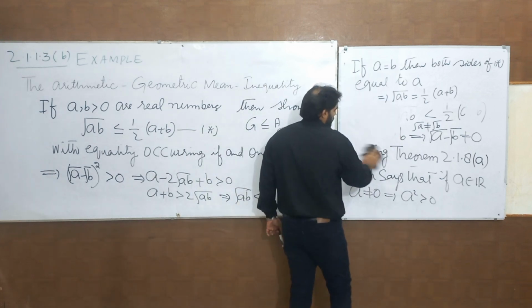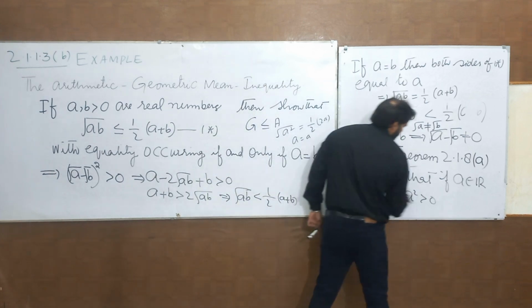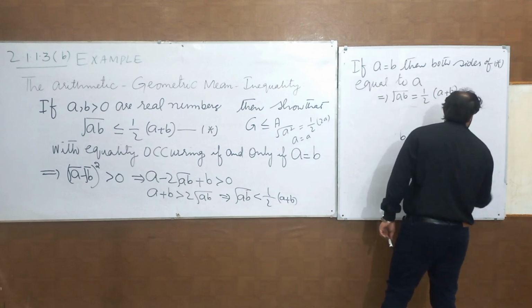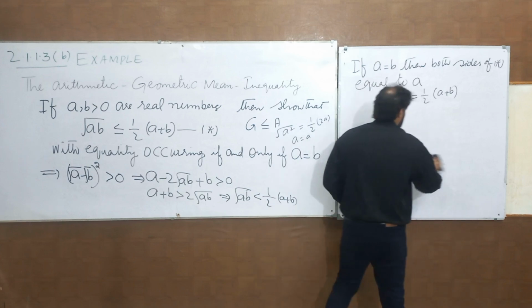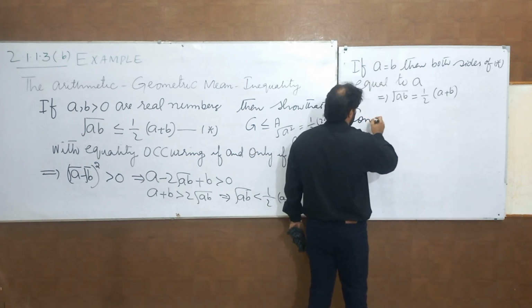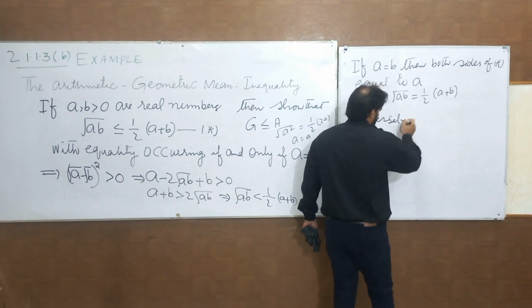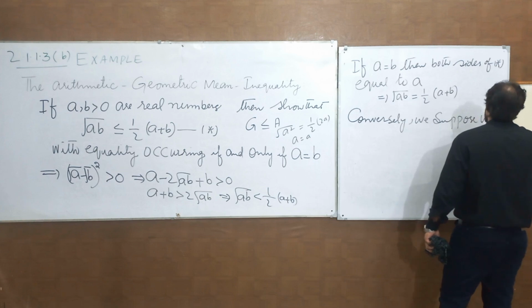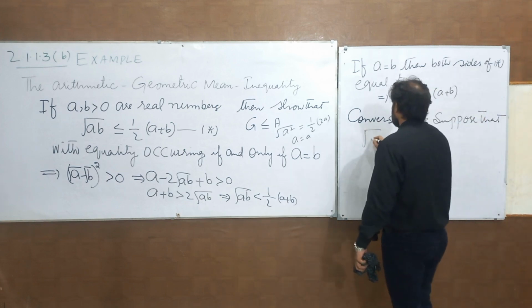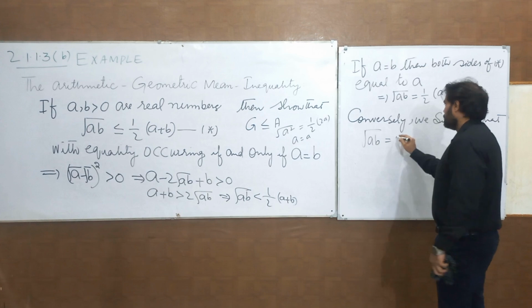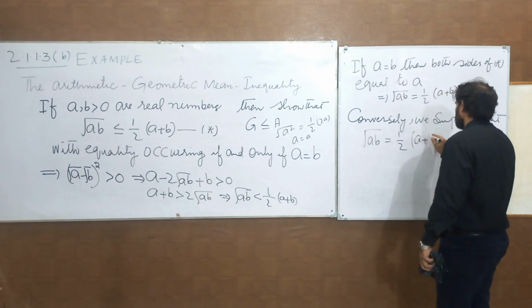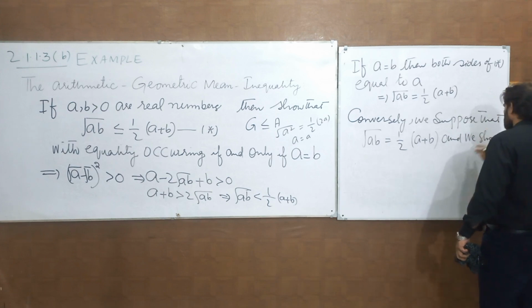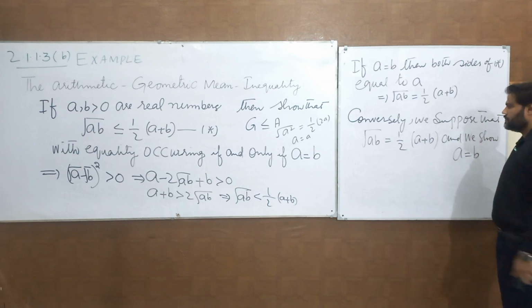Conversely, we suppose that the geometric mean is equal to the arithmetic mean, and we show the numbers a and b are equal.